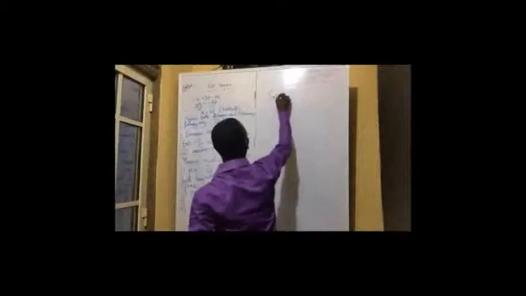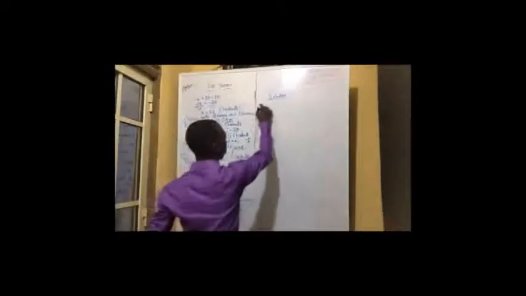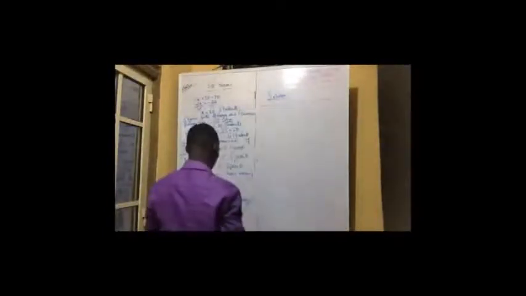Solution. Now, you are told that in a committee of 30 members, 20 speak Yoruba, 15 speak Igbo. Let's draw the Venn diagram.